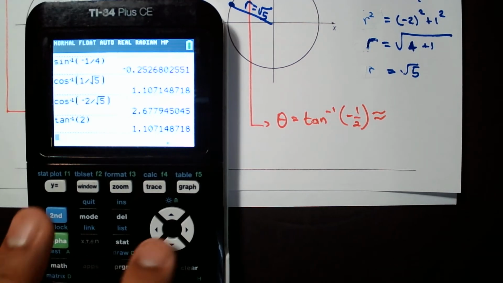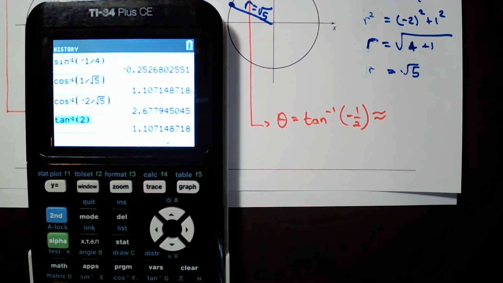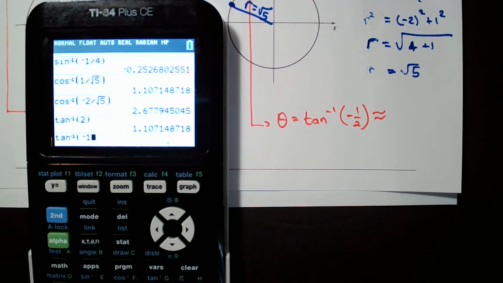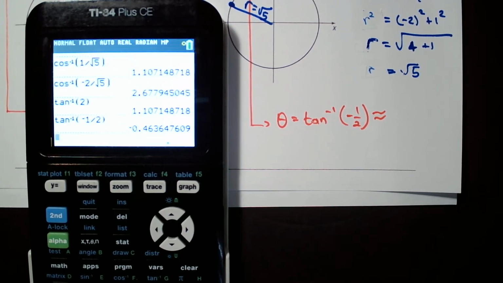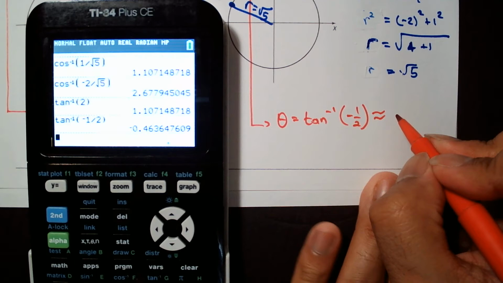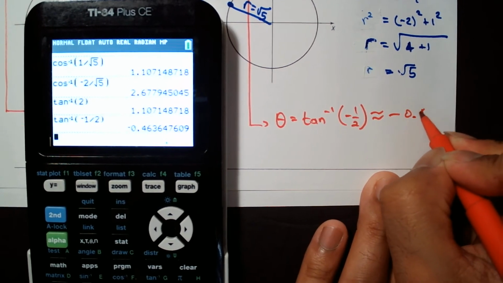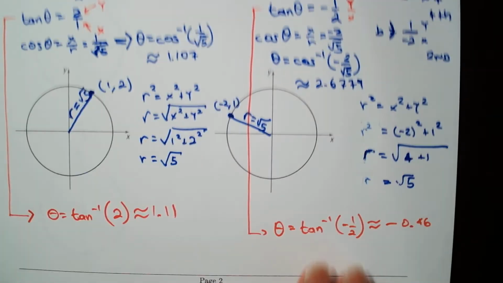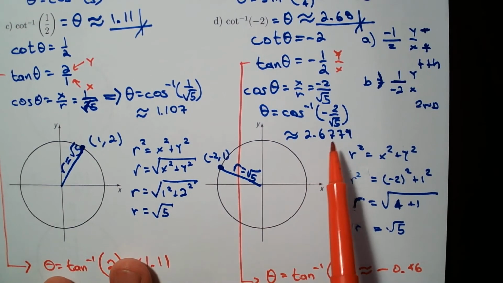On the second case, that's going to be inverse tangent of -1/2. And look, I get -0.463, which doesn't match our final answer in here.